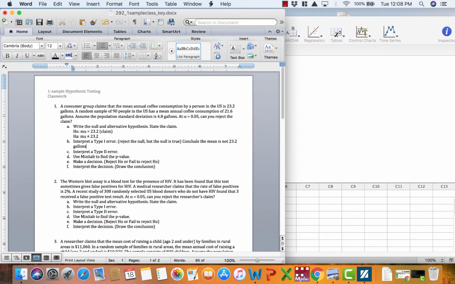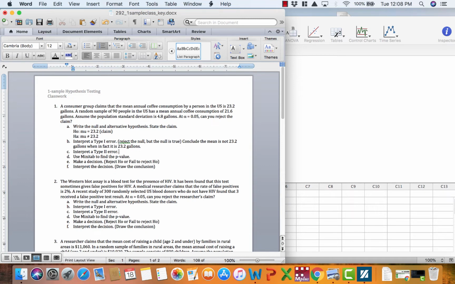But the null is true. So we conclude the mean is not 23.2 gallons when in fact it is 23.2 gallons. Okay, so that's all there is to it. So again, here rejecting the null means concluding the alternative. So we conclude the alternative, but the null is actually what is true.